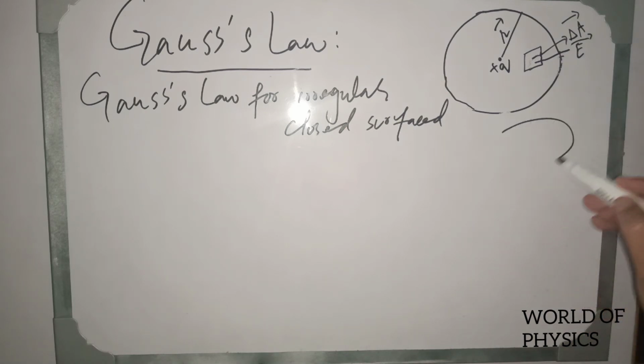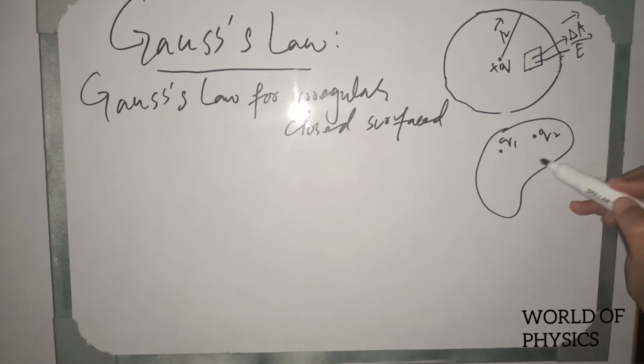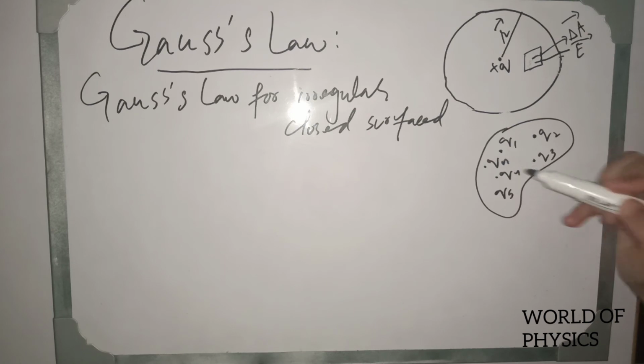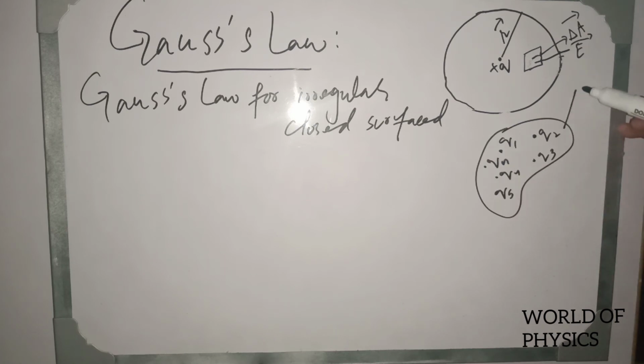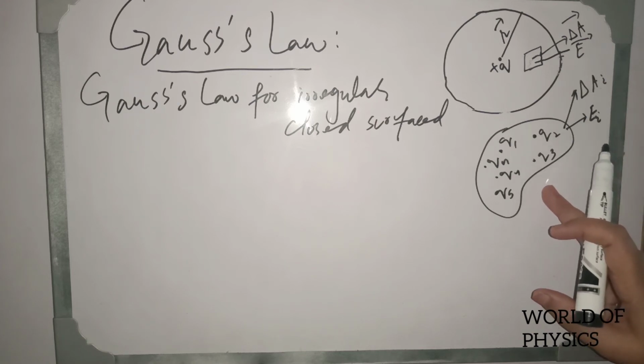This is an irregular closed surface having a number of charges distributed inside it, like this is Q1, Q2, Q3, Q4, Q5 up to Qn. Suppose this is area vector del A and this is electric field intensity Ei at this point.